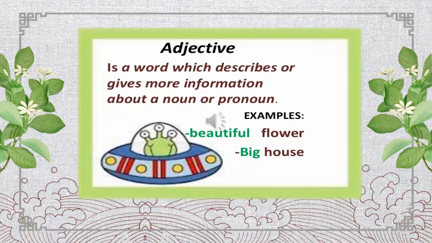So how the flower is? Beautiful. How the house is? Big. So these words are giving us more information about the flower and about the house. They are describing the flower and describing the house. So through adjectives we get more information about the noun or pronoun.